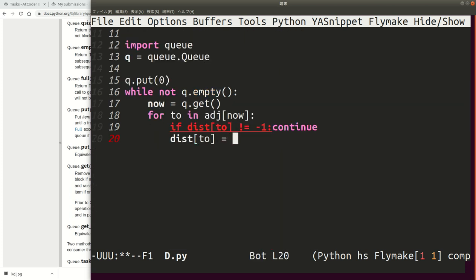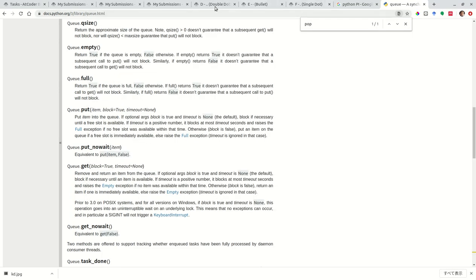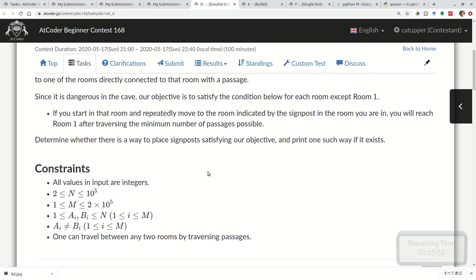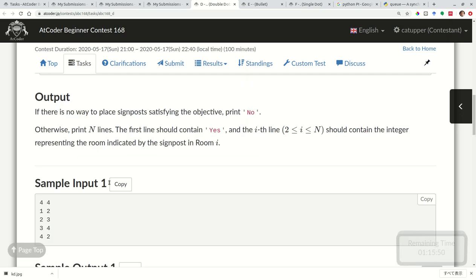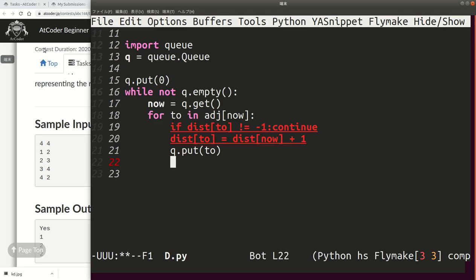Distance 2 is distance now plus 1, and just put to Q. And at this time, we can determine the value of the answer. The answer of 2 is now. Okay.